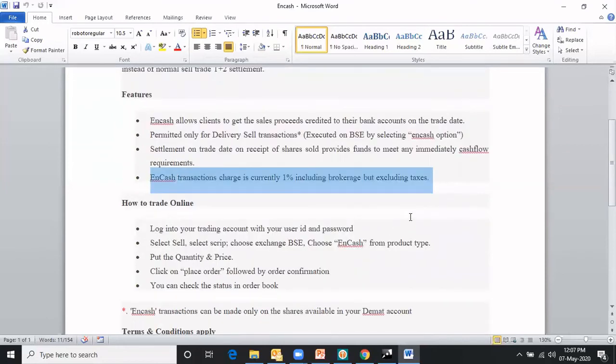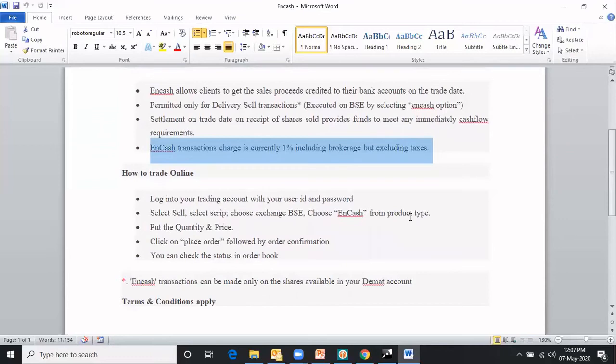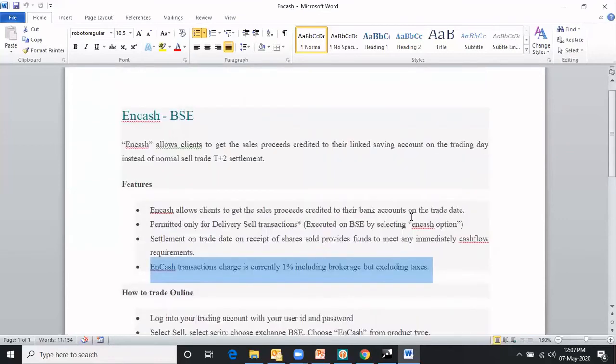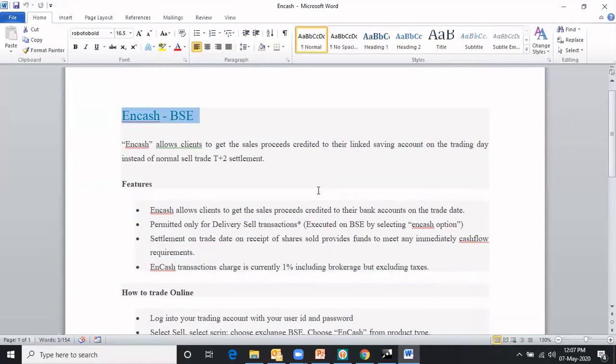There are two main points to it. Encash is only available on BSE. Before initiating a sell transaction, you have to choose it. Once you place an order in a different product like cash or some other product, you will not be able to get the Encash benefit.